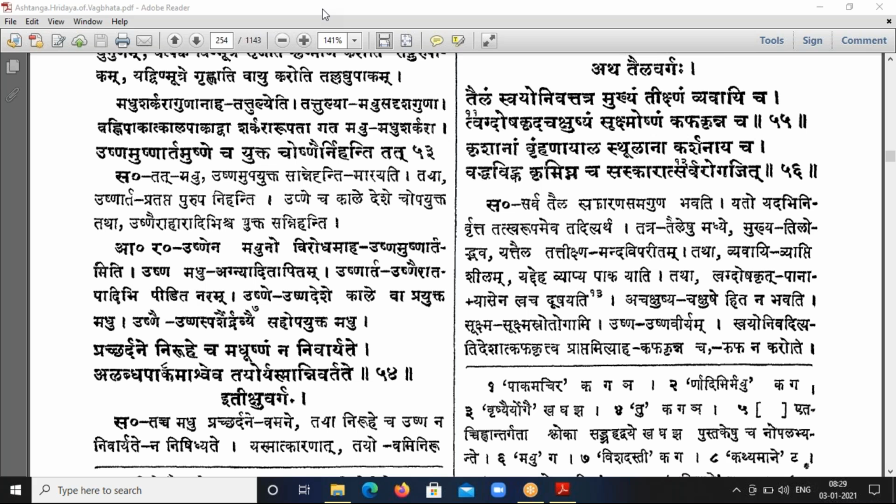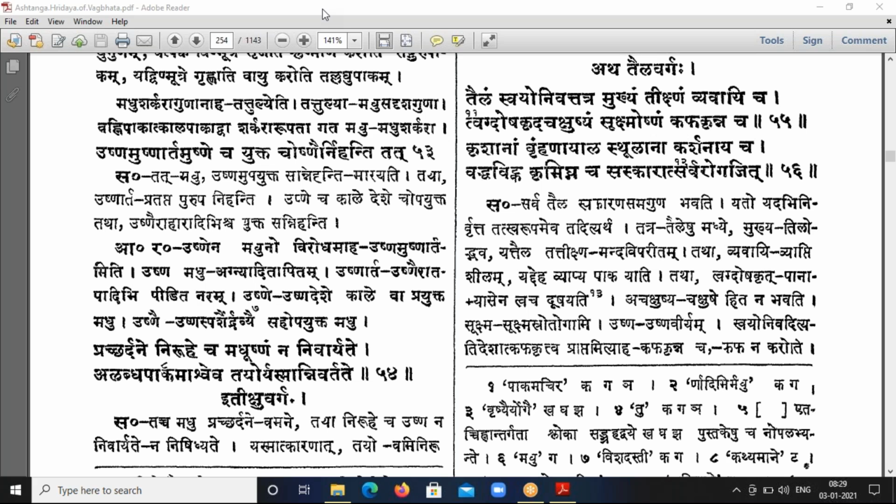There is a padha. Tailam swayonivat tatra mukhyam tikshnam vyavaicha, tvagdoshakrit, achakshushyam, sukshmoshnam, kabhagrannacha, krishanam brahmanayalam sthulanam karishanayacha, baddhavitkam krimikhnam cha, samskarad sarvarogajit or sarvadoshajit.